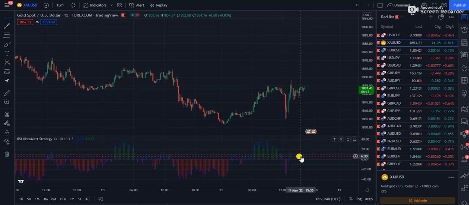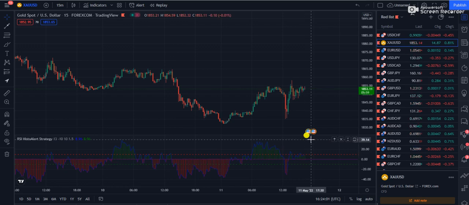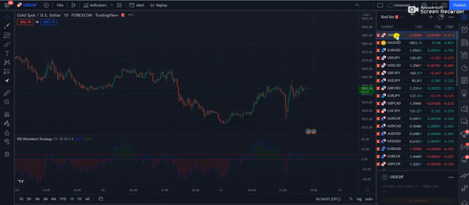Right now, if you are in a trade as per this indicator, you must be in a buy position, not a sell position, because the histogram is still green and we do not have any red signs, right? So this is the gold 15-minute chart that we have discussed.